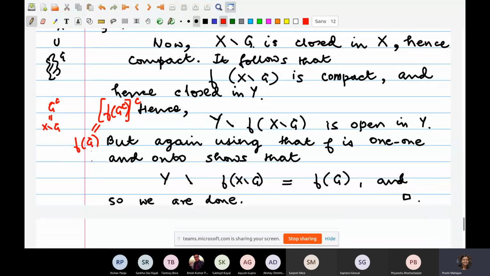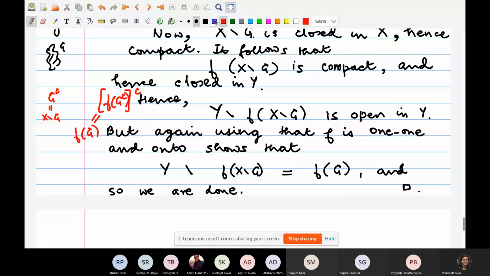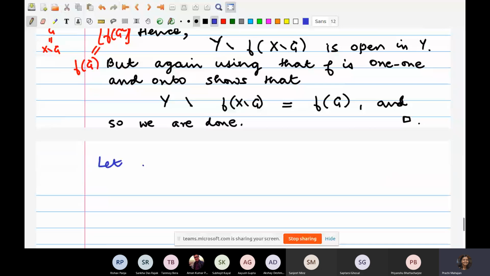So you start with set theory, right? You start with the point on the left hand side, and let me do it here. Let's pick a point, let me call it y in f of G. Then, this is plain set theory, y is f of x, and there is a unique such x, since f is one-one and onto, for some x in G. Now, do you think you will be able to write little y as an element in here?